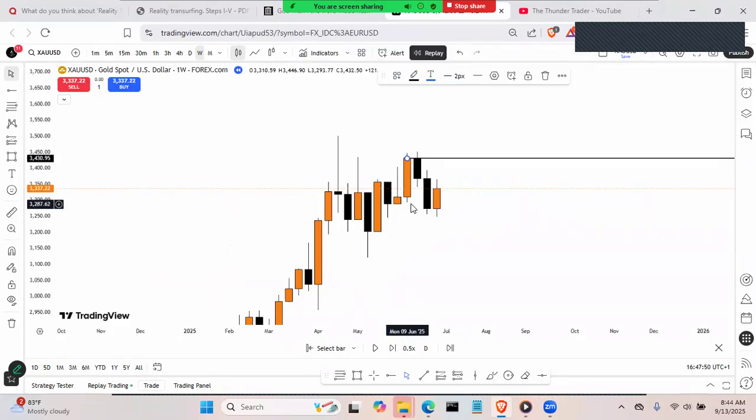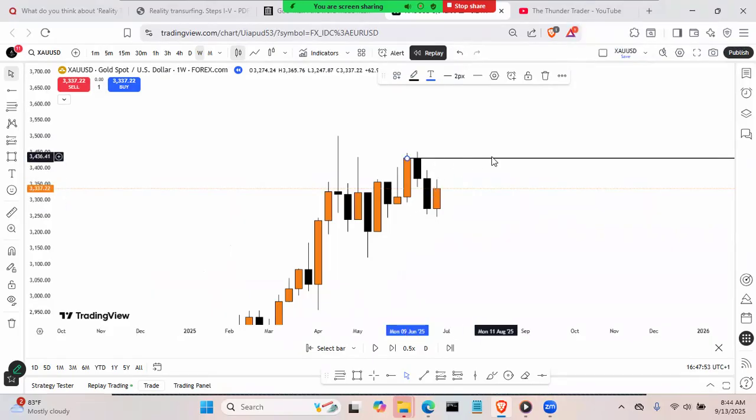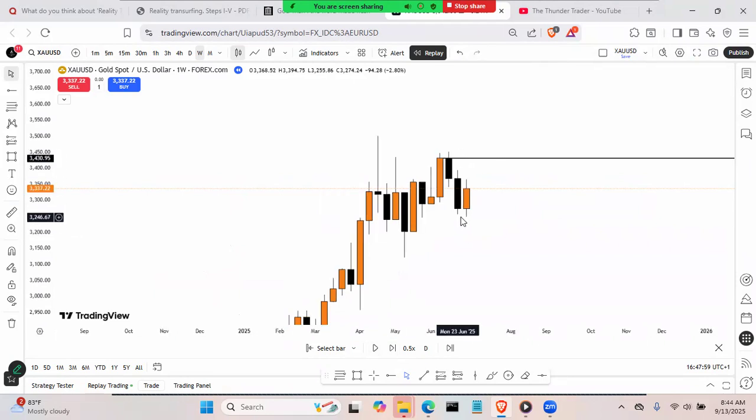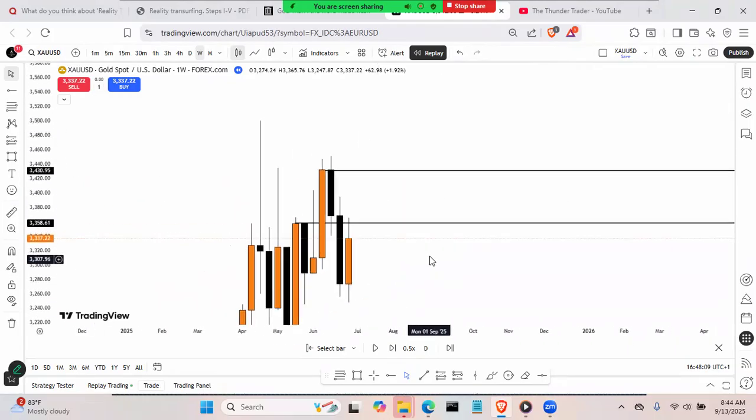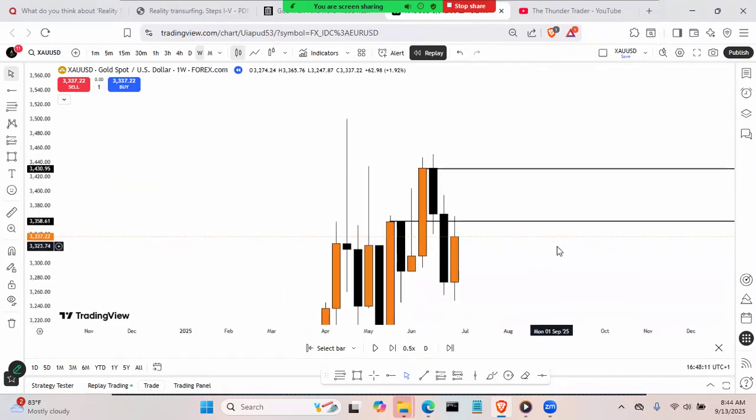So now I know that this is a level. If I play this, what I'm expecting is to see if this price is going to shoot downwards. I'm also seeing here a level as well. But I'm trying to avoid analysis. I want to make it very simple.